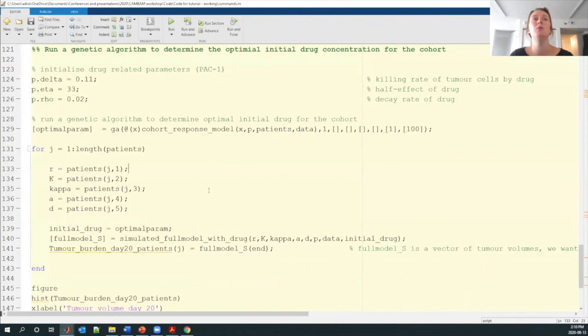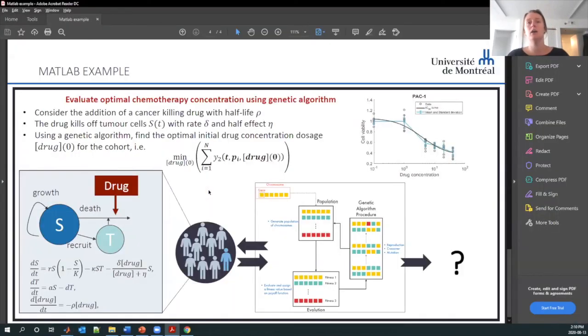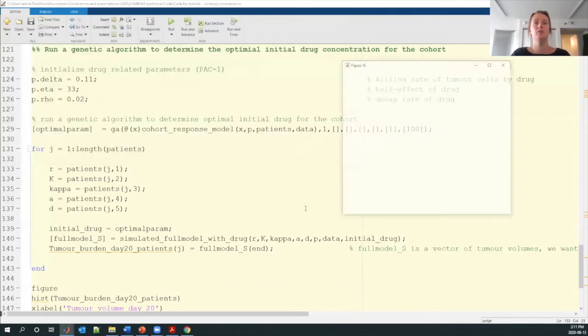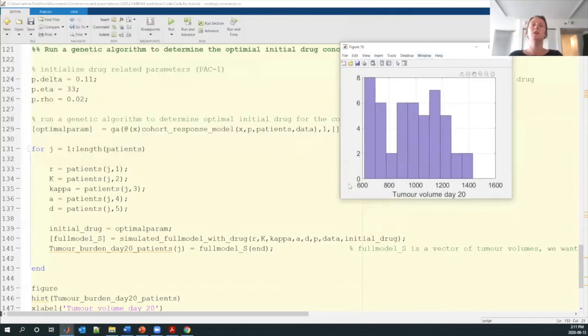It takes maybe about half an hour to give you an output, because like I mentioned before, genetic algorithms can be, in some cases, computationally expensive when you have a large cohort of patients you're trying to optimize for. But I can show you what it looks like in the end when you eventually get it out. It looks like this. This is basically all of your patients, what their tumor volume was at day 20 after treatment with a drug.